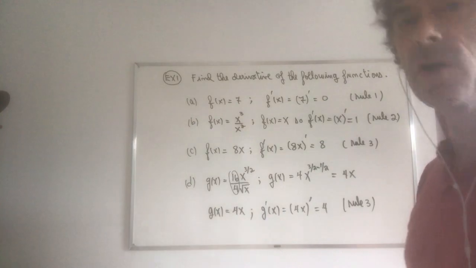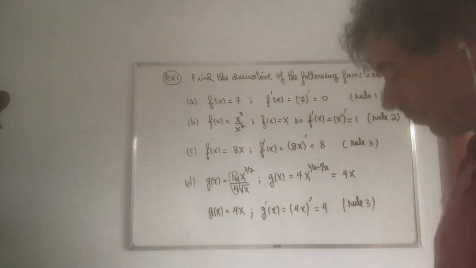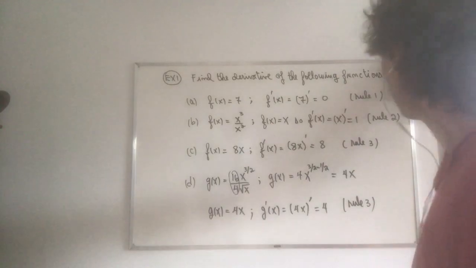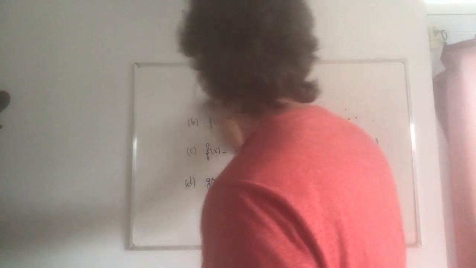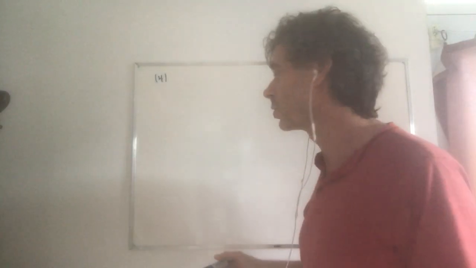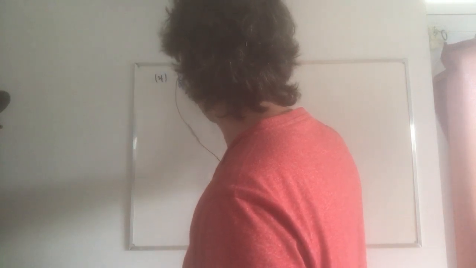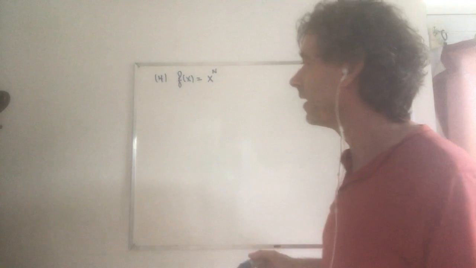All right, so that gives you a quick overview of what is going on. Let's move on to rule number 4. Rule number 4 is by far the most important in this chapter. Well, there's a couple of important ones, but that is a super important rule. f of x is actually x to the power of n.